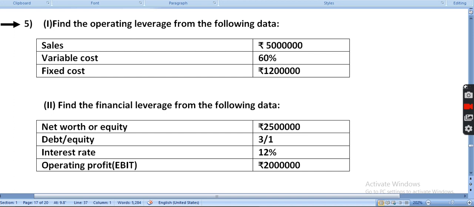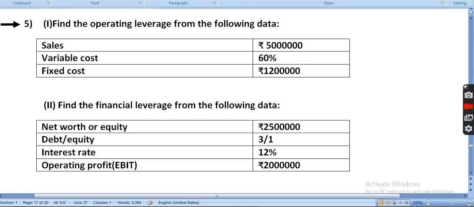Then second information: find the financial leverage from the following data. Net worth or equity is given, that is 25 lakh. Debt and equity ratio is given, that is 3:1. It means, for example, equity is 25 lakh rupees, so debt would be 75 lakh rupees.